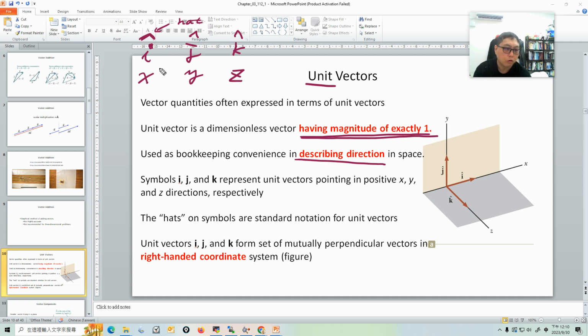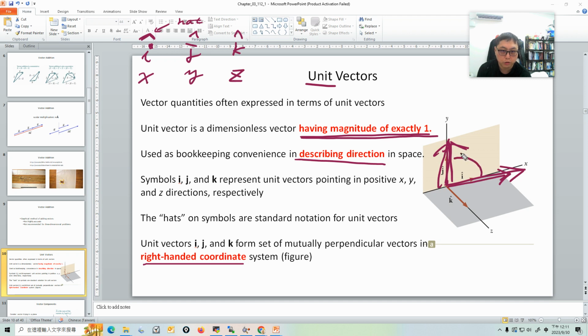And it's a right-hand coordinate system. I will explain that. If this is your x direction and this is your y direction, where should the z direction be?